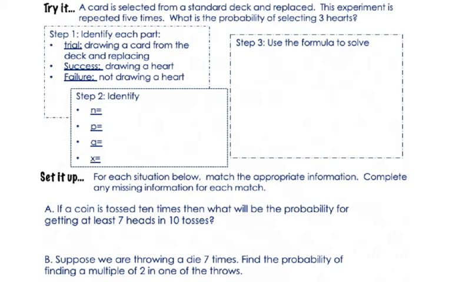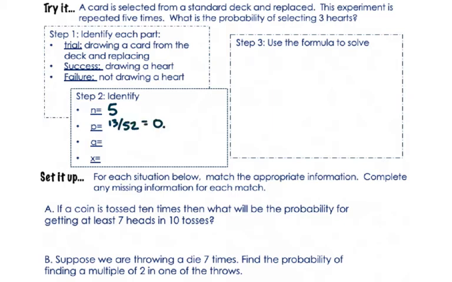And then you're going to identify the letters. So n is the number of trials you have. So it says it is repeated 5 times. So n is 5. P is your probability of success. So you want to draw a card from a deck, and it's a heart. There are 13 hearts in a standard deck of 52 cards.